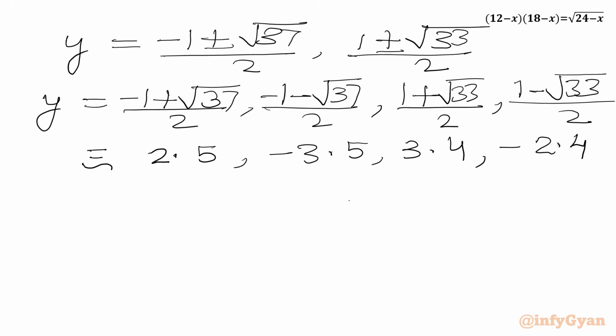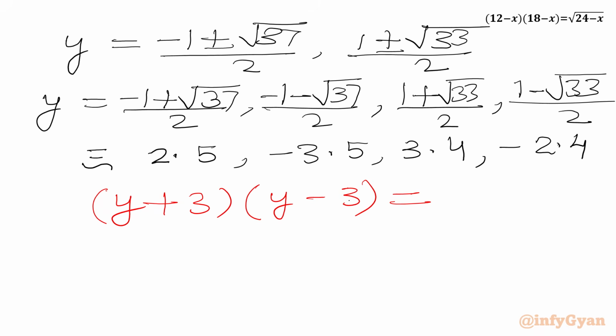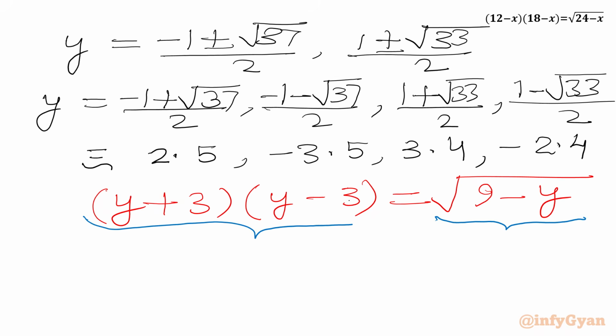Now we will write our equation y plus 3 times y minus 3 equal to square root of 9 minus y. Let's find the domain of the equation. We have a square root in the RHS, so our LHS must be non-negative. Because equality doesn't hold true, I will write this should be greater than 0.